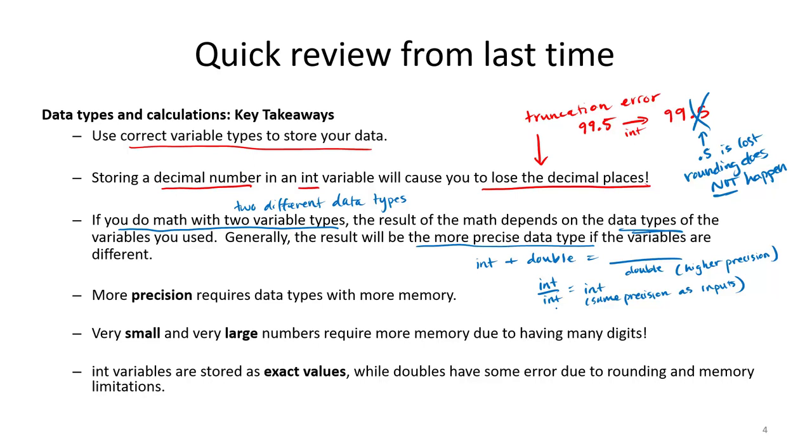Other points. Remember, more precision requires data types with more memory. So if you need to store more numbers, like a very large number, very small number, you need more memory for that precision. Very small, very large numbers require more memory because those numbers have more digits to store.